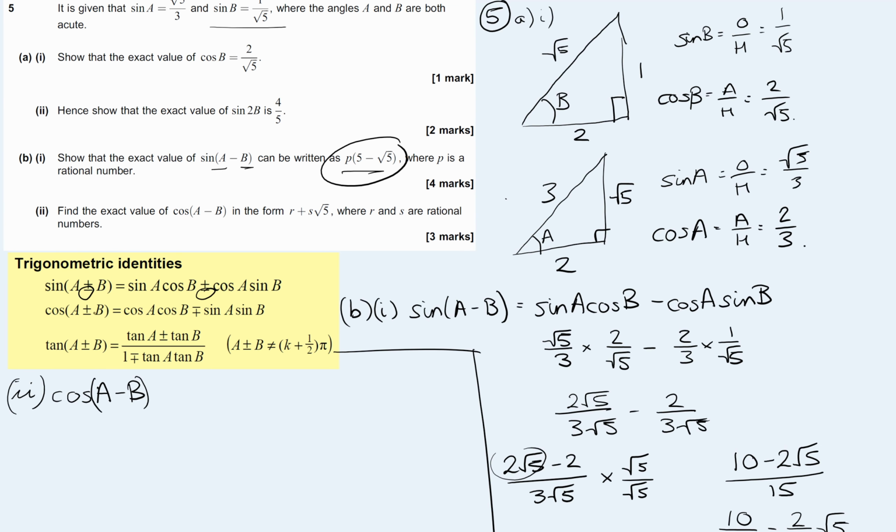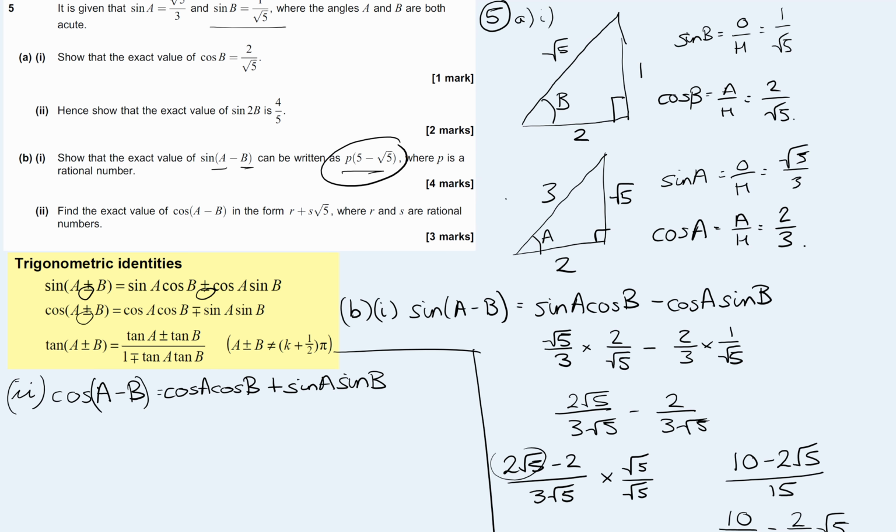So this is where these signs are really important, because you've got a minus here, which means we've got a plus in the identity, because it's the opposite sign in the cos one. So it's cos A, cos B, plus sine A, sine B.